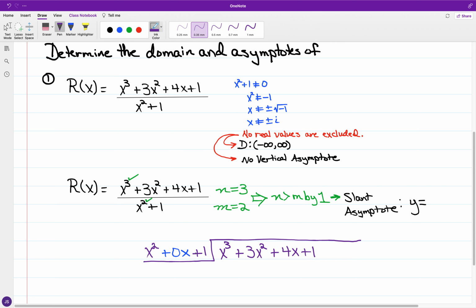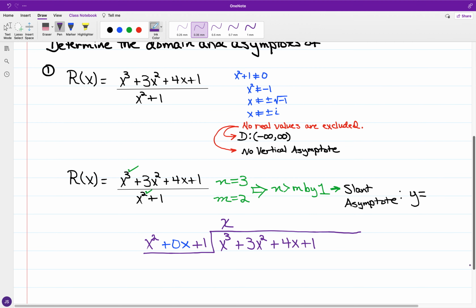Looking at the long division, x squared will go into x cubed x times, so the first term of the quotient is going to be x. Distributing x over x squared plus 1, or x squared plus 0x plus 1, we have x cubed, plus 0x squared, and x times 1 is x.